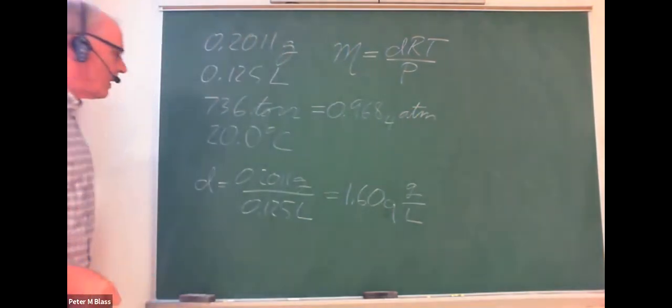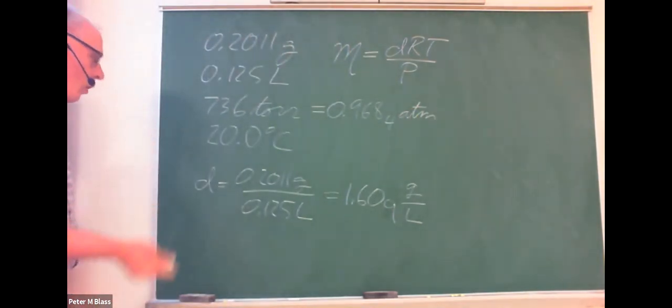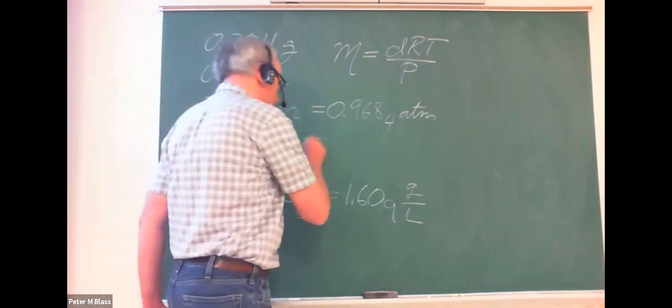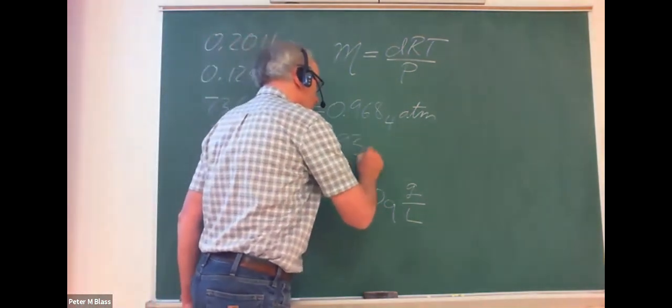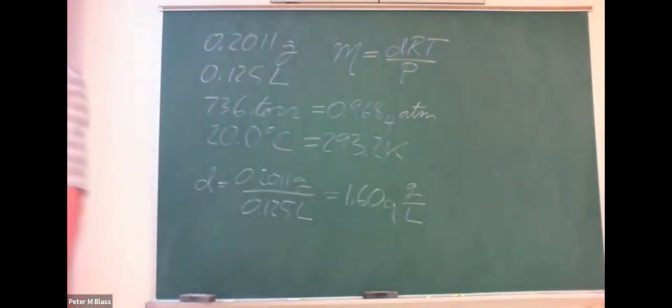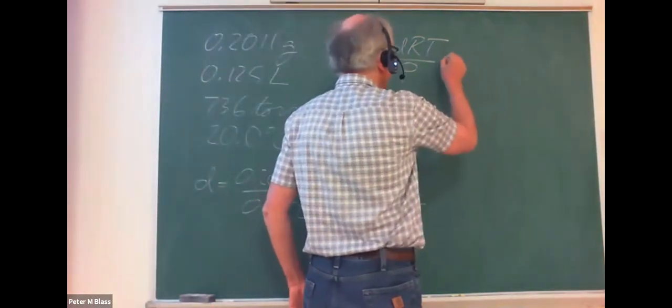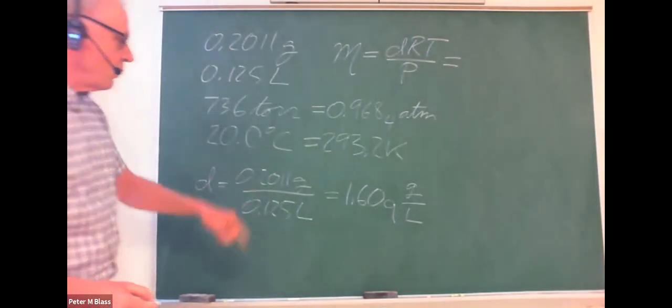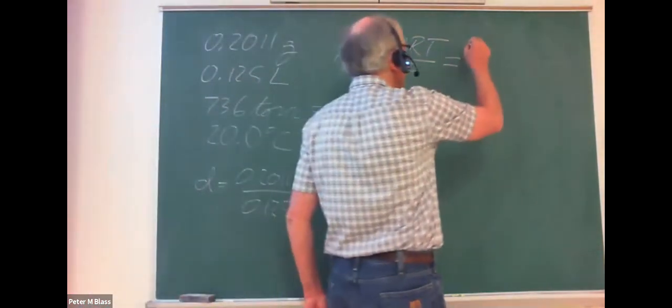Okay, and then 20 degrees C, 20.0, so that would be 293.2 Kelvins. And you do have to use Kelvins, you know that, right? Yeah, definitely. Now I think we're ready to do this, because I run out of room on this board, but the density is 1.609 grams per liter.